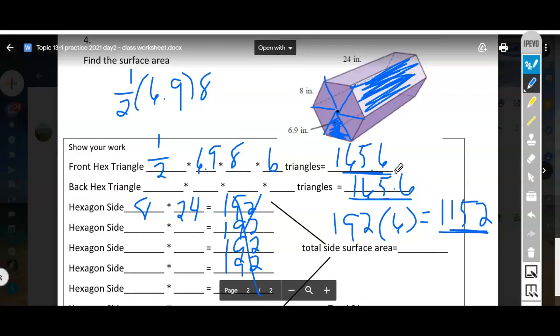So 165.6 plus 165.6 and 1152. And you should get a grand total of 1483 point what? Was it 0.6? What is it? Somebody that got it right. Tell me. 0.2? Square inches.